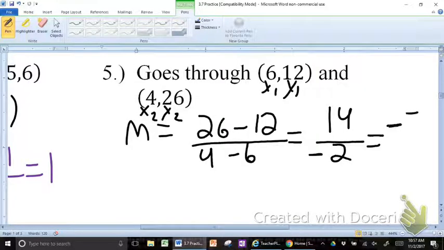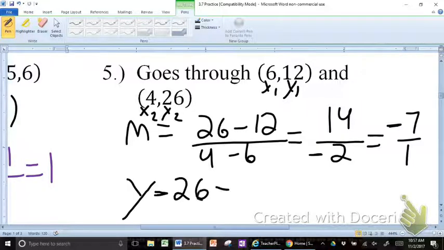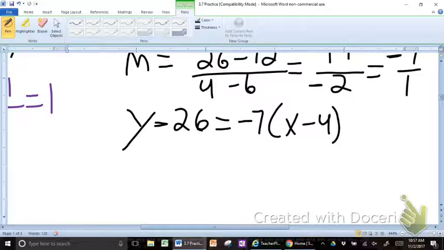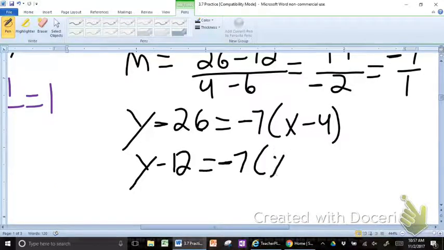I can't leave that. It's negative 7 over 1. And you do need to make sure you keep the negative, even if you just write that as a 7 instead of 7 over 1, because it is negative. And our 2-point slope forms are y minus 26 equals negative 7, x minus 4. And y minus 12 equals negative 7, x minus 6.